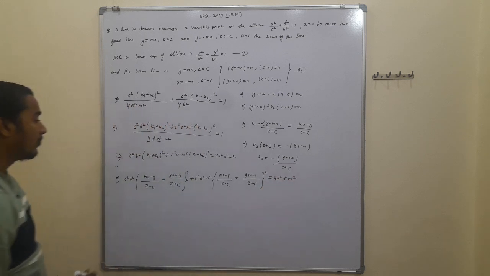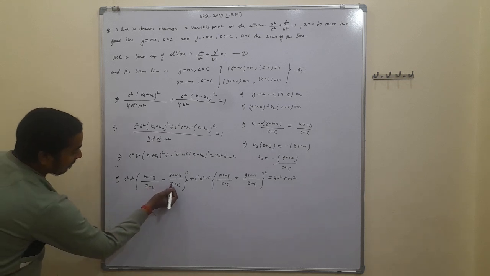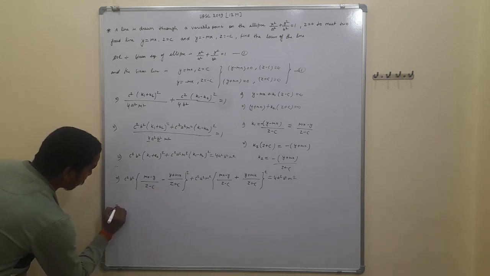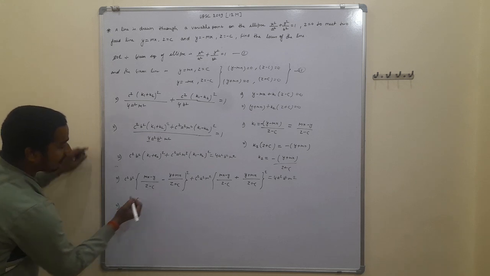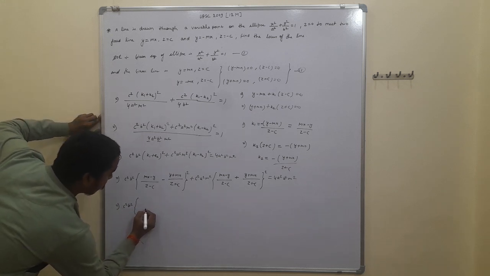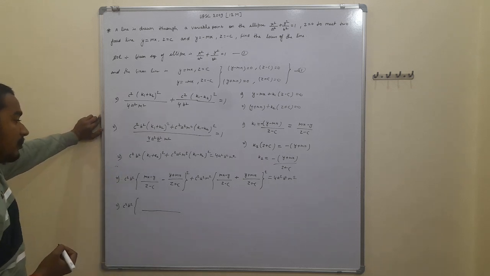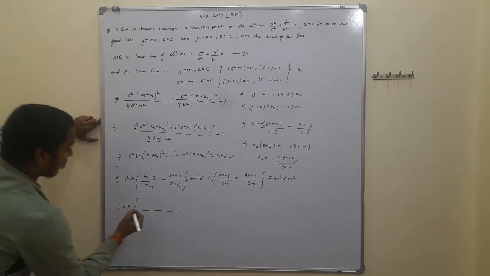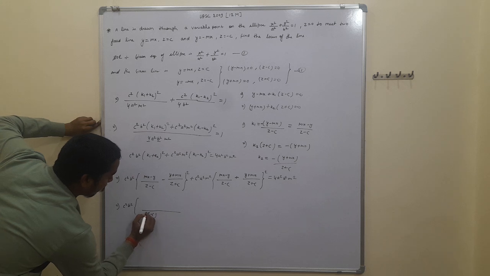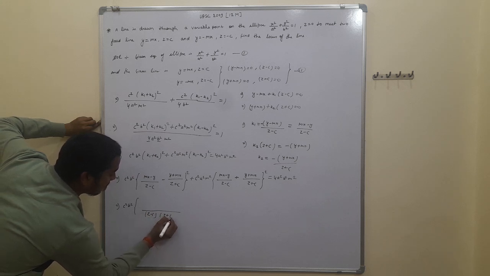Further we have to solve by taking LCM in the bracket, that is c square into b square, and here we have to take LCM once again, that is z minus c and z plus c.